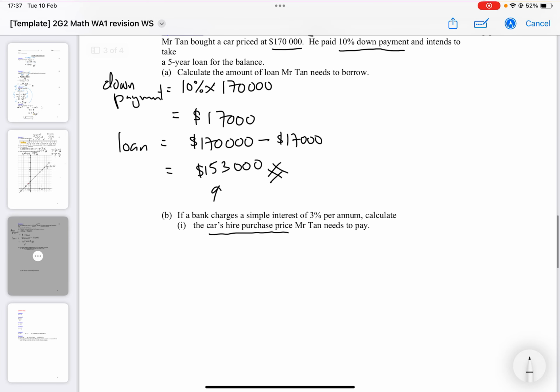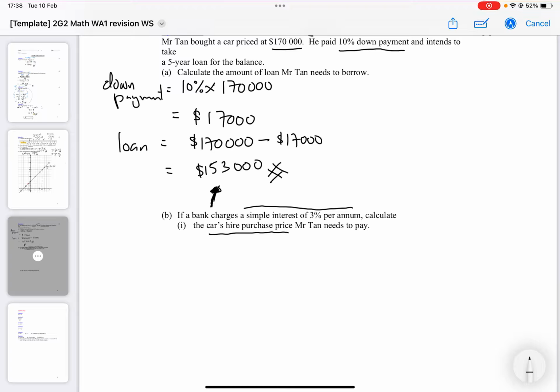He pays 17,000 first, then he borrows 153,000. But when you borrow money, you need to pay interest. So this interest is calculated as simple interest, 3% per annum, and he borrows for 5 years. So we have to calculate.